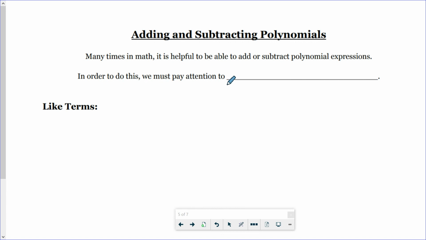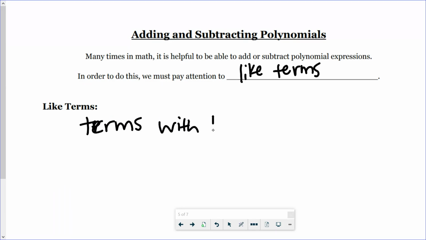So oftentimes we want to add and subtract polynomials in math, and when we're doing that, we want to pay attention to what are called like terms. They are our key to adding and subtracting, and like terms are terms with the same variable and exponent.